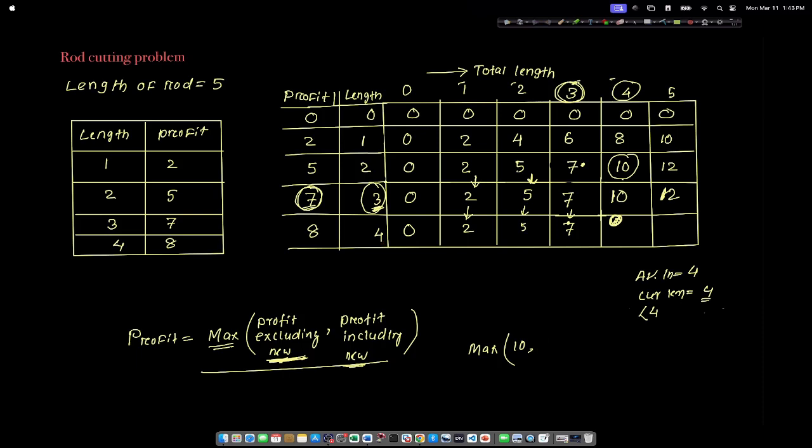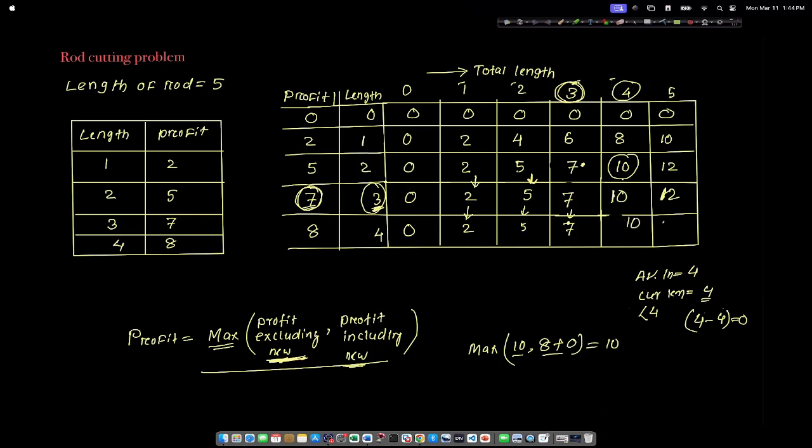So profit for length 4 is 8 plus profit of the remaining part. Remaining is available length 4 minus current length 4, available is 0. So we will go to the upper row above this current cell, and then go to location 0, and this is equal to 0, which gives a maximum of these two values as 10, and we'll put that 10 here as a profit.